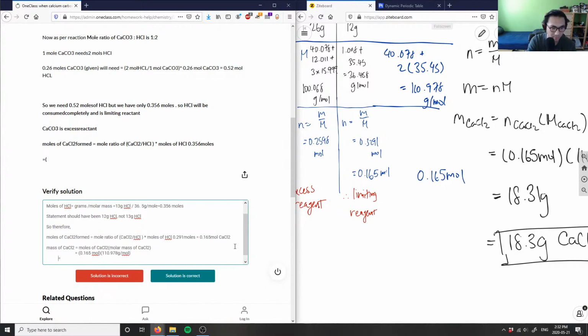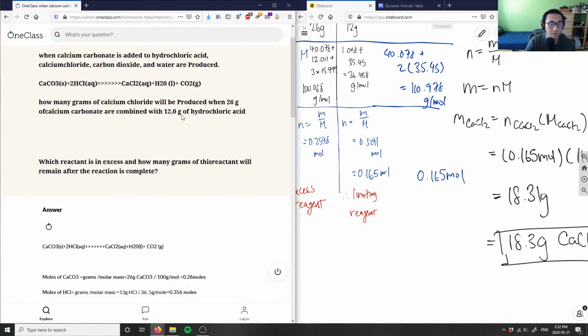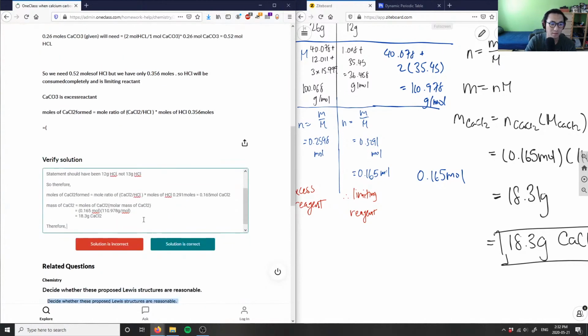And this is going to equal 18.3 grams of CaCl2. Therefore, let's see, it says here we are producing 18.3 grams of CaCl2 in the reaction, and CaCO3 is the excess reagent. So the solution is incorrect because they failed to complete the question here.